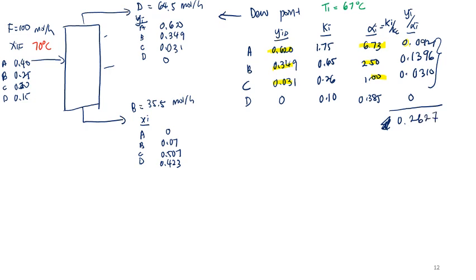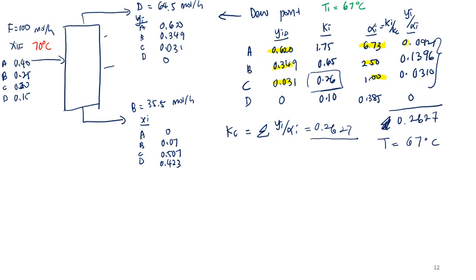So you need to check what is the new Kc. The new Kc would be just the summation of yi over alpha I. The new Kc is 0.2627. So if you notice, this new Kc is very close to the old Kc that we used. So you can say that temperature equal to 67 degrees Celsius is the dew point for the distillate product.